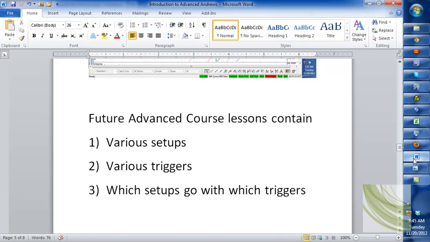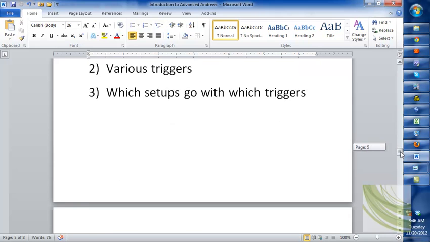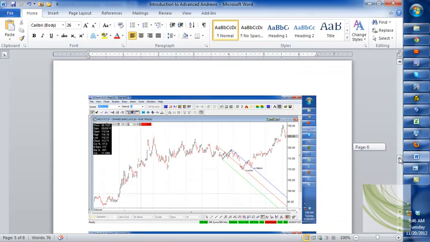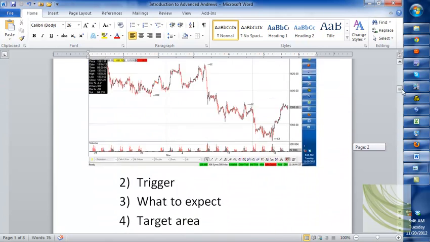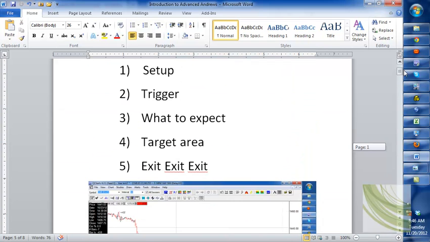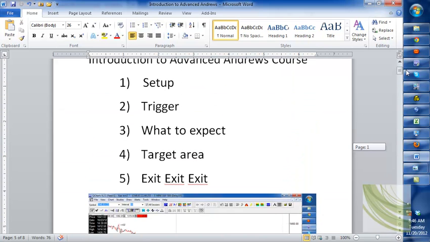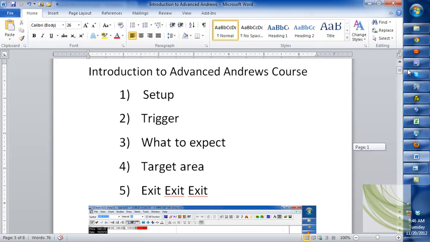Okay, and so these are the things that we show you, and we do the historical studies on that. Now I'm going to give you an example of an actual setup and trigger, and we'll take a look at those 5 steps.